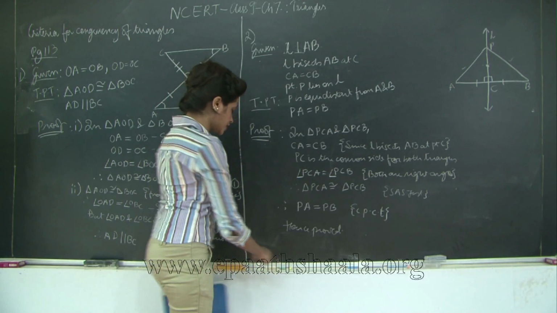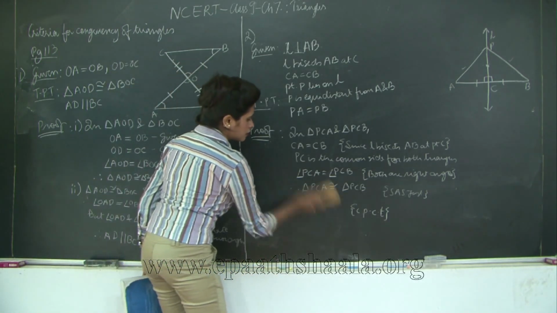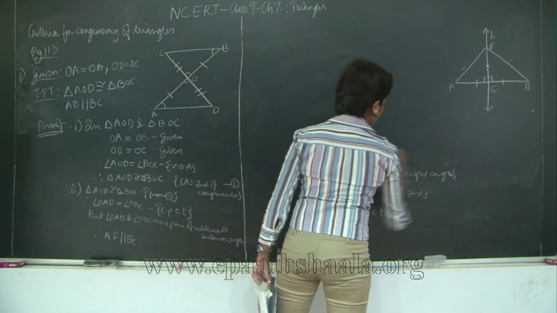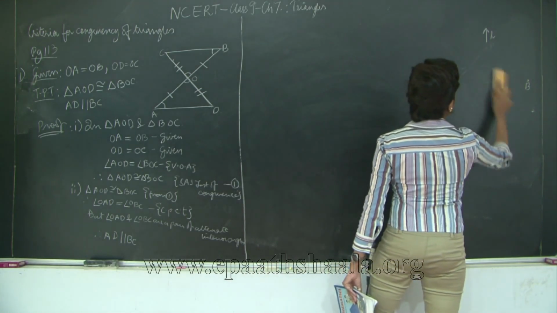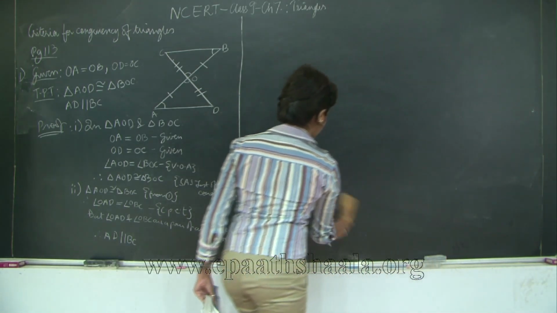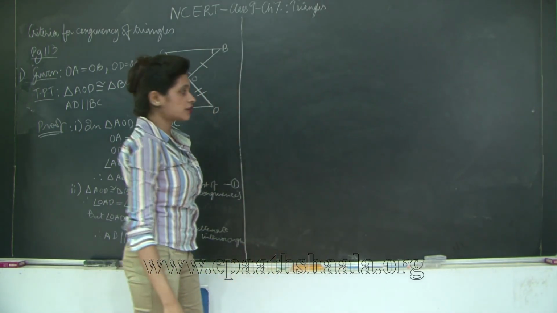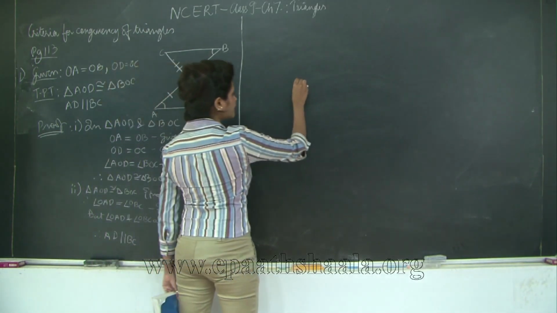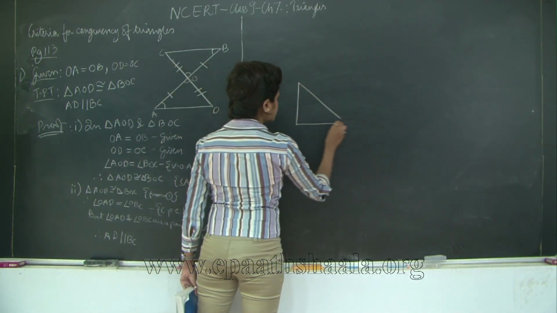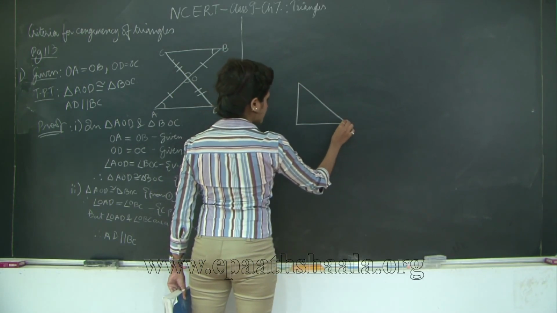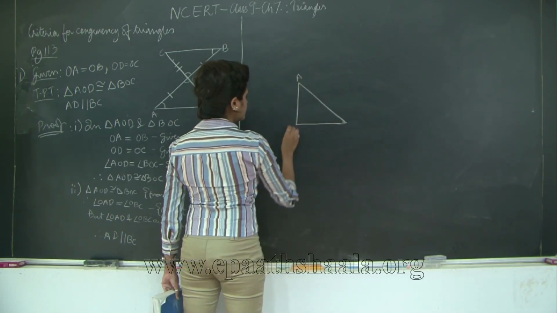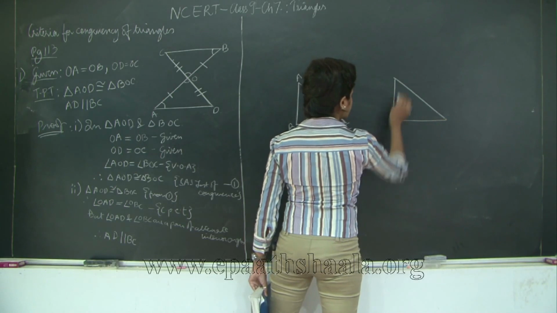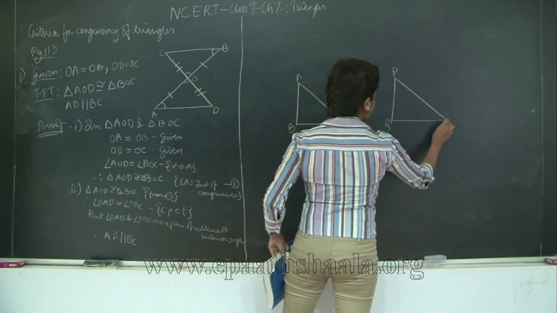There is a very small section that I need to complete before we wind up today's class. Now we learn that two triangles are congruent if there are two sides and the included angle congruent for the two triangles. But what if I have two triangles ABC and triangle PQR.